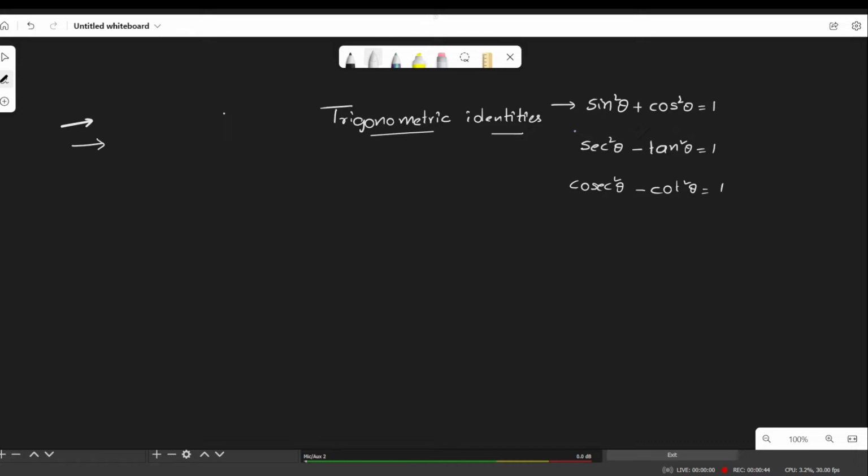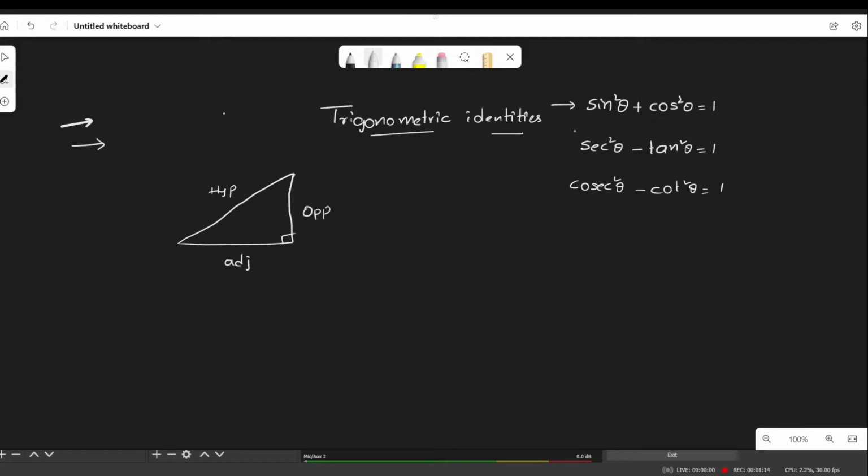Now let us draw a right angle triangle. And we know that this is the opposite side, and this is the adjacent side, and this is the hypotenuse side. See, whenever we have a right triangle, the first thing which comes up to our mind is nothing but Pythagoras theorem.